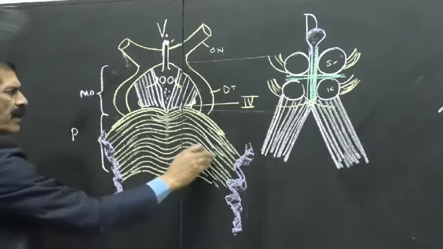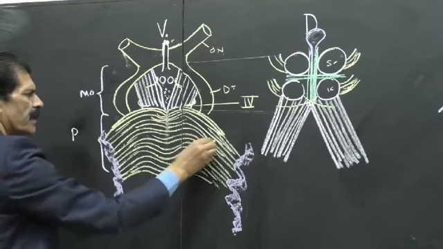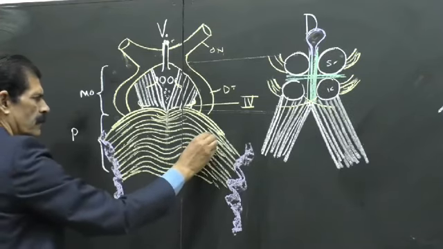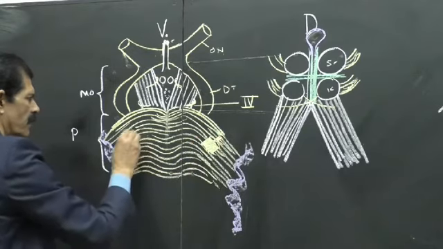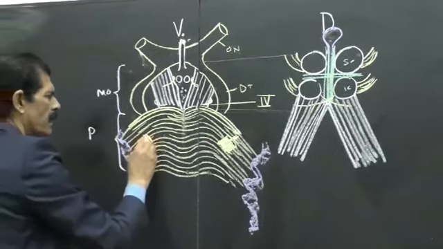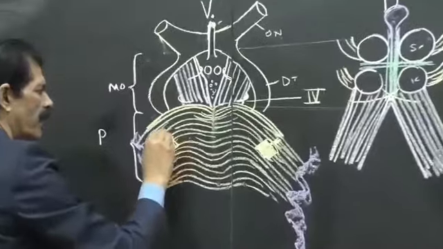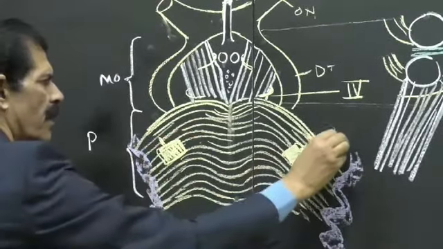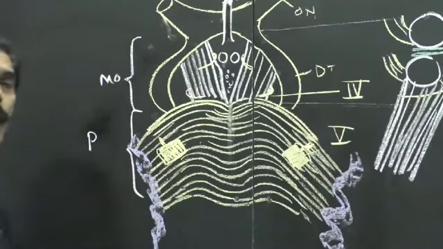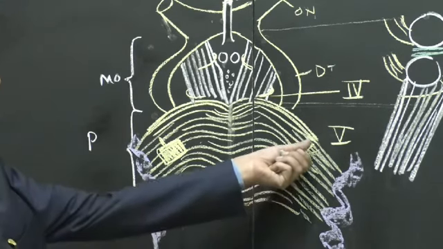Now, from its ventral surface, the thickest cranial nerve with its large sensory and small motor division is seen, like the clips on the head of the Barbie. So this is which nerve? The fifth, trigeminal, is seen on the ventral aspect of the pons, with a large sensory and small motor division.